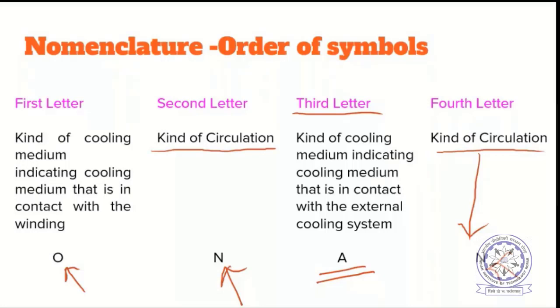Sir, fans, taking away the heat. Forcing is done through fans. So OF AF means oil is pumped and circulated, and the radiator tubes are cooled by fans using air. This is what it means. Okay, so this is how transformer nomenclature is used.